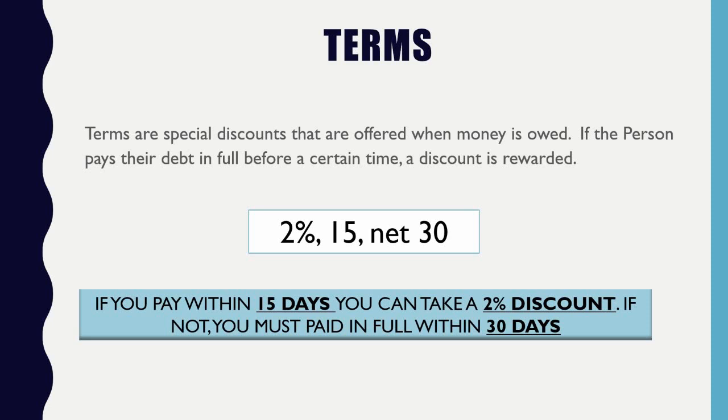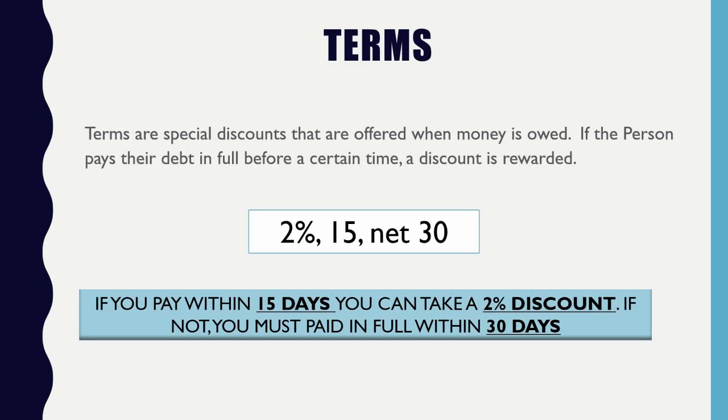Now, what if they decide to throw in a percentage? What does this percentage represent? This percentage basically represents a way to give incentives to your customers, or to whoever is receiving the bill, to pay back quicker, and by doing so, you get rewarded with a discount. So for instance, normally you would see something like this: 2%, 15, net 30.